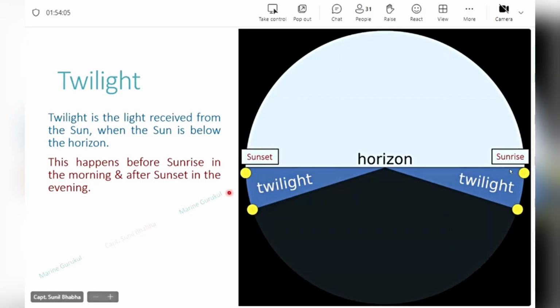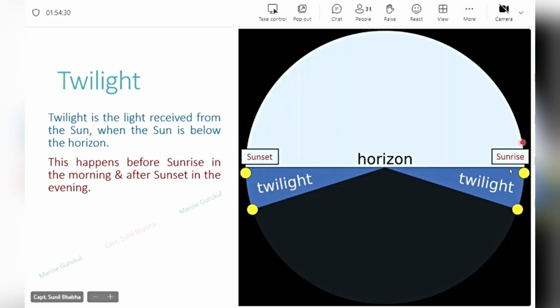So as you can see in this diagram, the right side of the diagram represents the sunrise, and before sunrise, for this particular period, the dark blue color sector which is marked here on the right side of the diagram represents the period when we get the twilight.